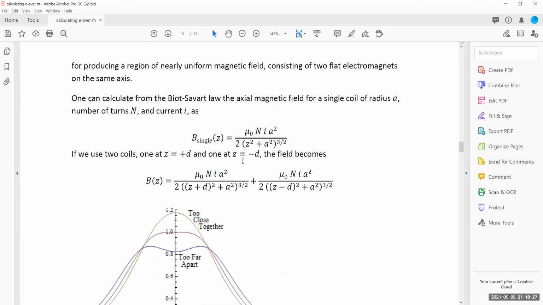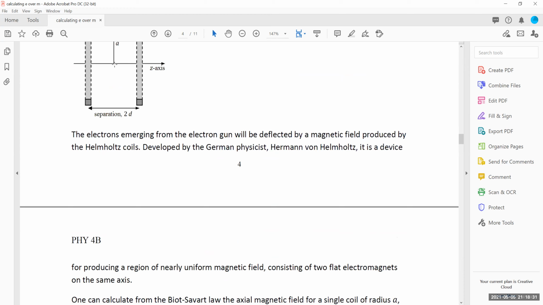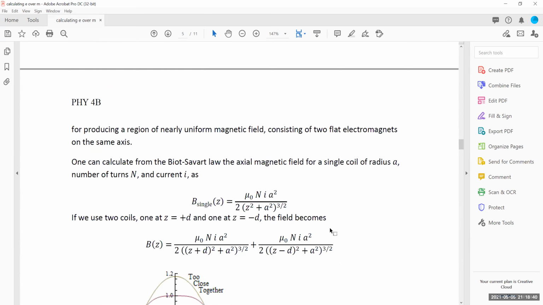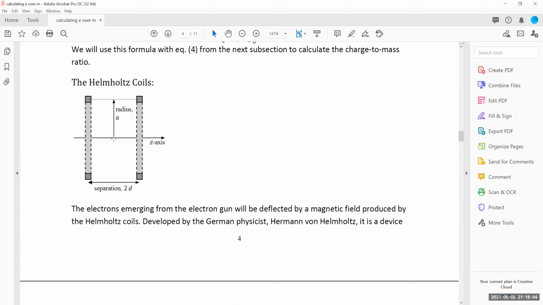So this is a contribution. Any points in between them, any points on this axis, let's take this as the origin. The origin is somewhere in the middle. So if it's a Z distance in this direction, it's at distance D plus Z from one, and D minus Z from the other, because this whole distance is 2d.